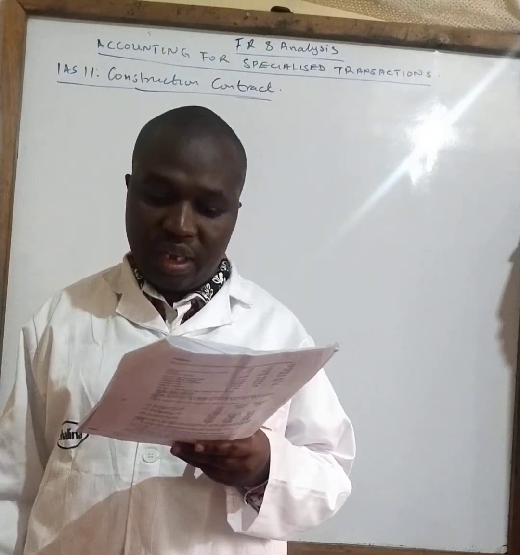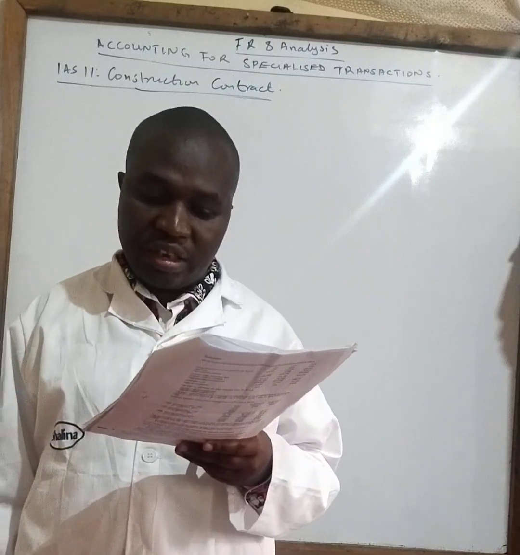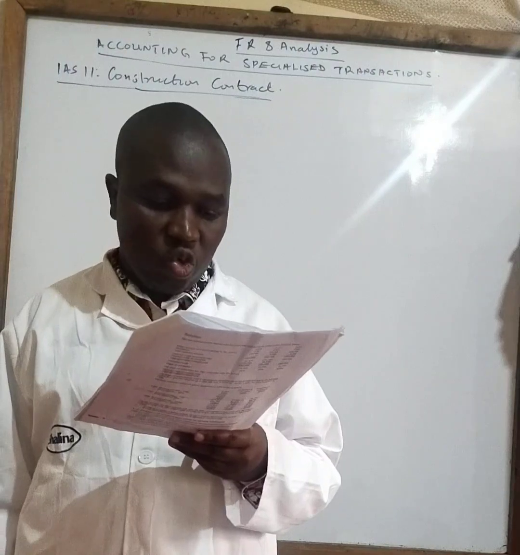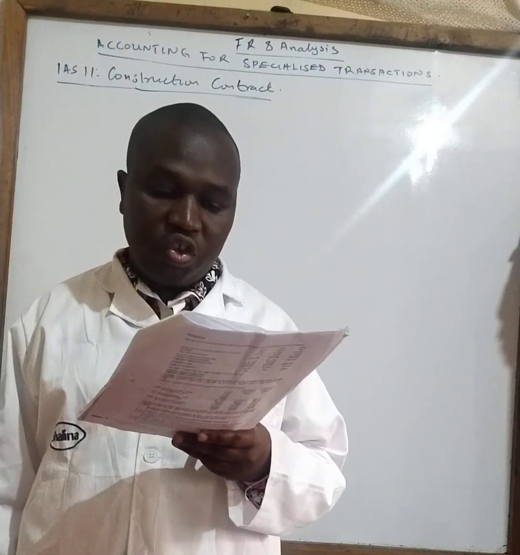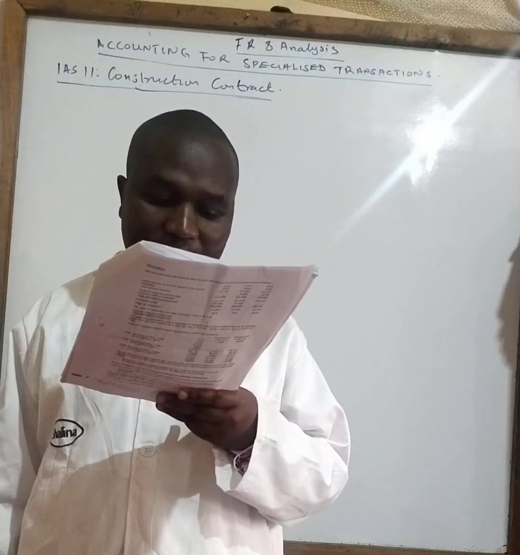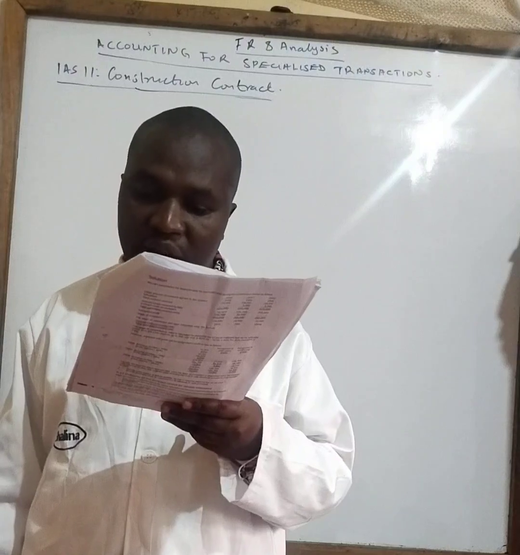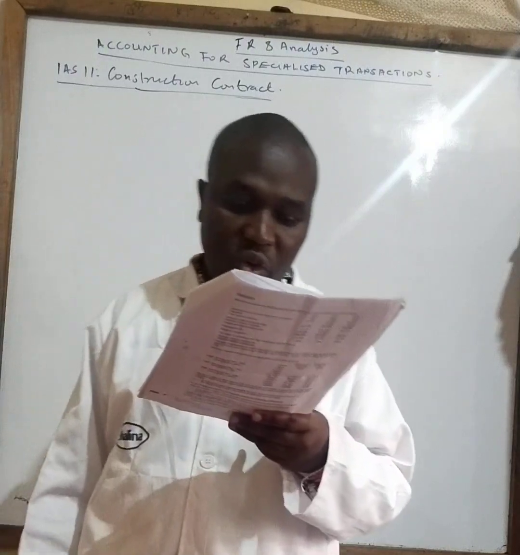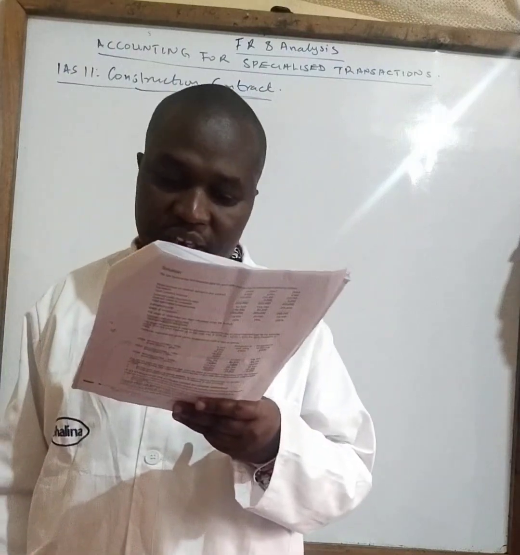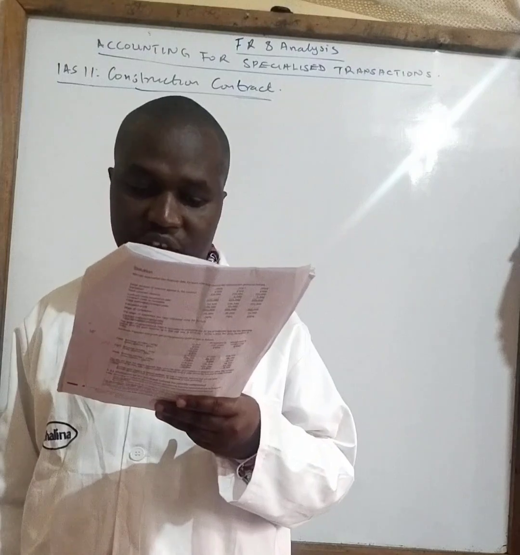At the end of 2027, there are materials stored on site for use during the following period, which cost 2.5. Now, Centerpoint Company have decided to determine the stage of completion of the contract by calculating the proportion that contract cost incurred for work to date bear to the latest estimated total contract cost.